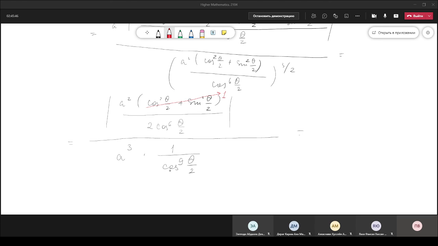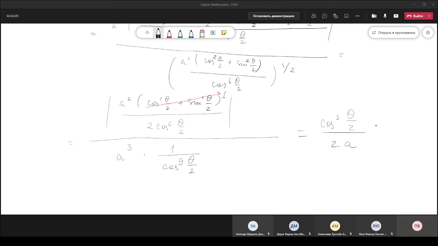Here cosine with power 3 in numerator, yes, and a squared over a cubed, 2a in denominator. Good.